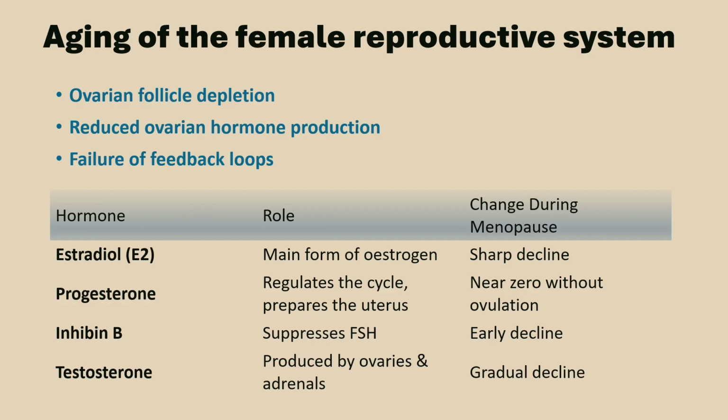Testosterone in a female body is produced by the ovaries, adrenal glands and also peripheral tissues. The loss of testosterone and the androgens, DHEA also, goes more gradually. So symptoms like loss of libido, loss of sexual arousal and other sexual dysfunction symptoms, women start to experience a bit later in the postmenopausal period.